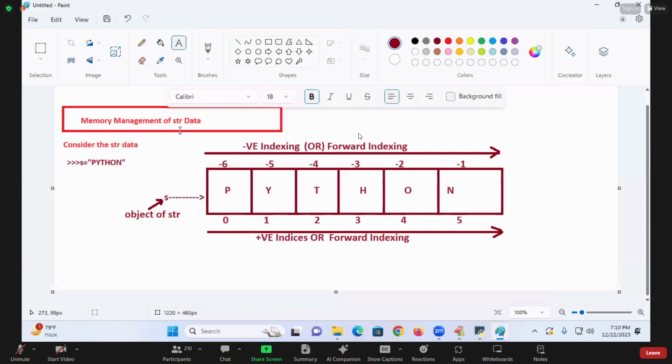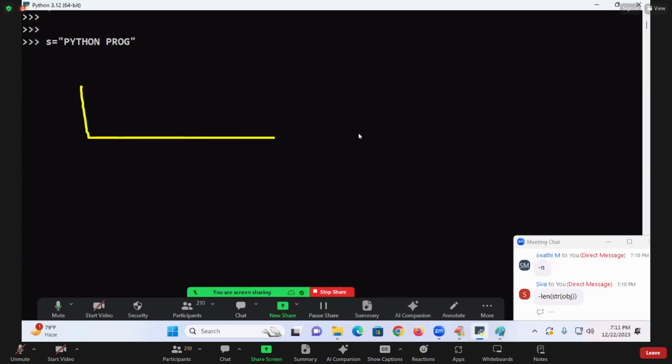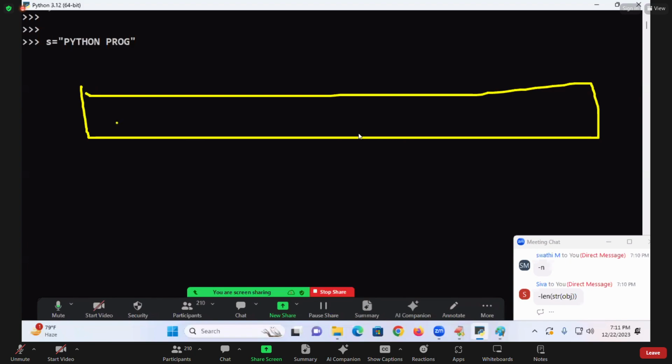So I just want to make you draw this diagram. This is a memory management diagram: how the letters are there in the memory. This picture will help you even in a big program. See students, one example I want to give. S is equal to "PYTHON PROG", for example. What is the diagram? I will write it, please observe.